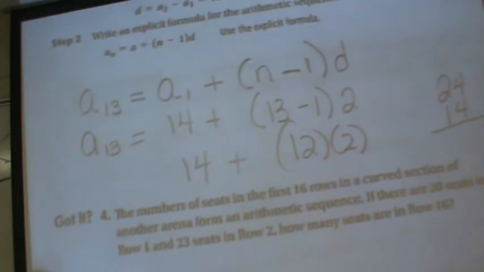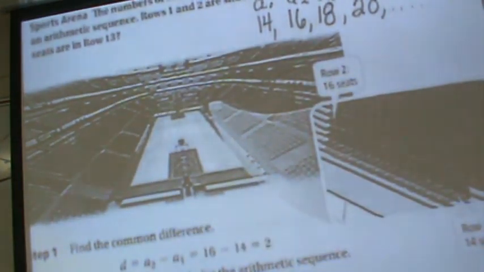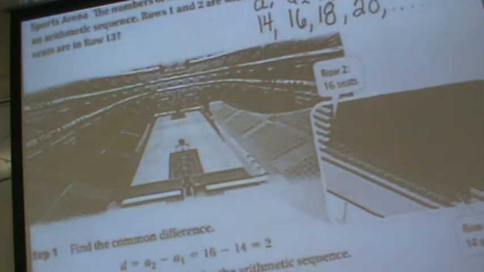Eventually, I'm going to ask you to add up how many seats are in this entire stadium. That's what you're going to have to do. Add up how many seats are in row 1. If I asked you to add up to row 13, are you going to sit there and run the aisle and say 1, 2, 3, 4, 5?